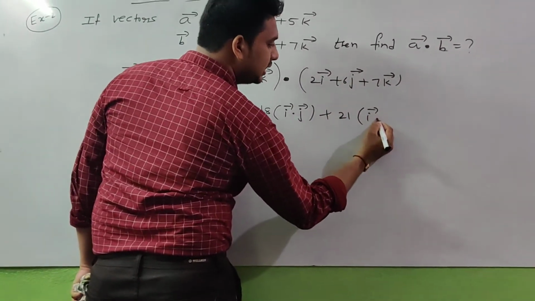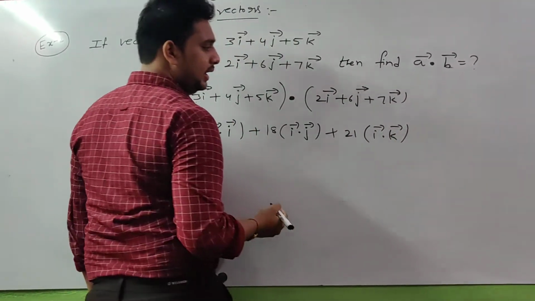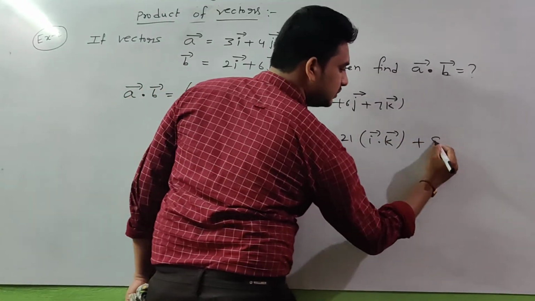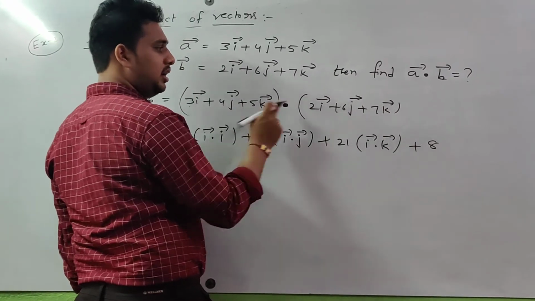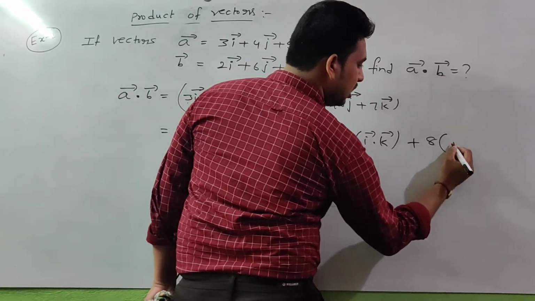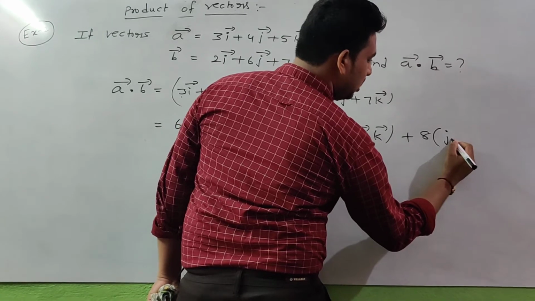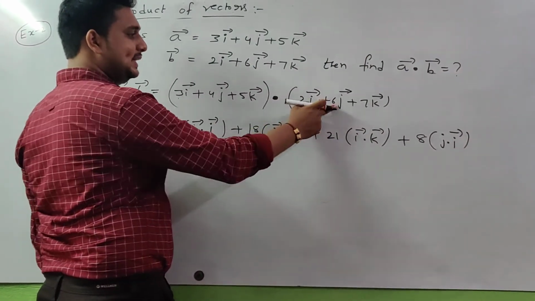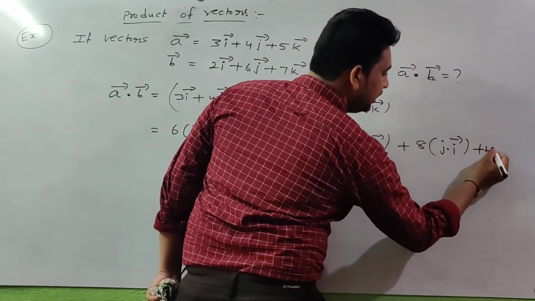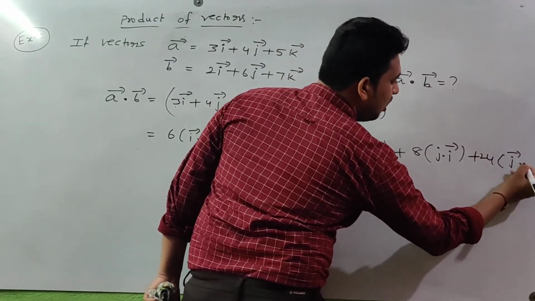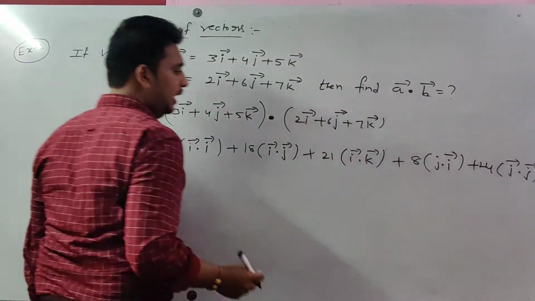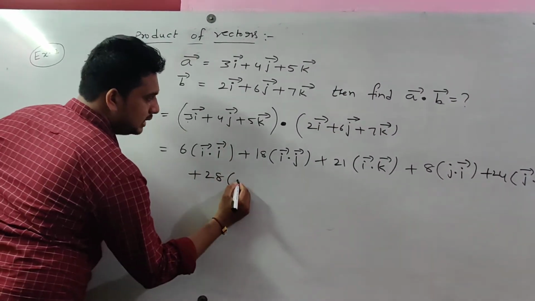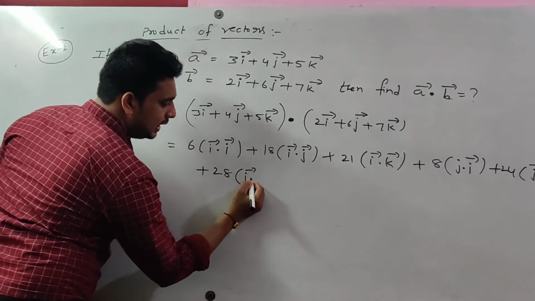Next 4 into 2, 8, J bar dot I bar. Next 4 into 6, 24, J bar dot J bar. Next 4 into 7, 28, J bar dot K bar.